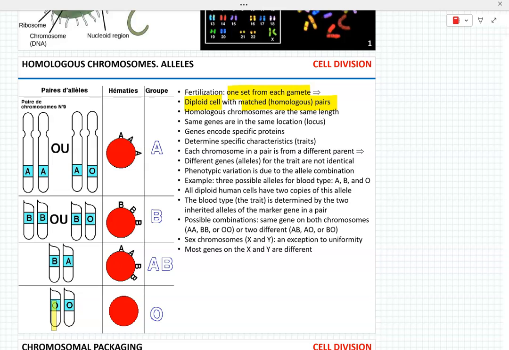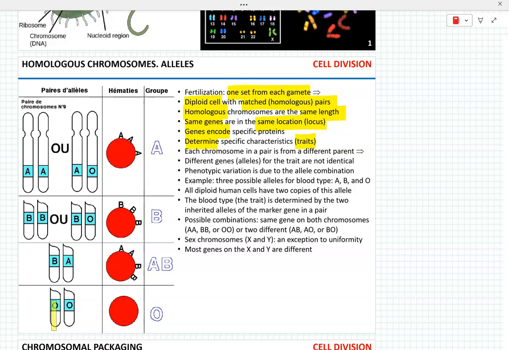Homologous chromosomes have the same length, and they have the same genes that can be found in the same locations, or loci. Locus is the singular form, and these genes encode specific proteins. These proteins, in turn, determine the traits.